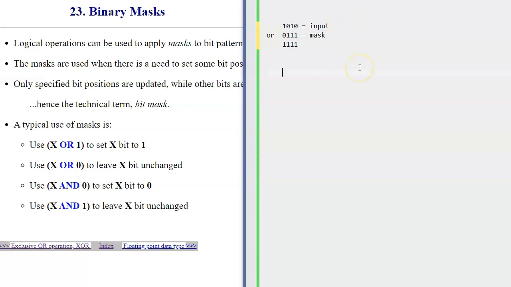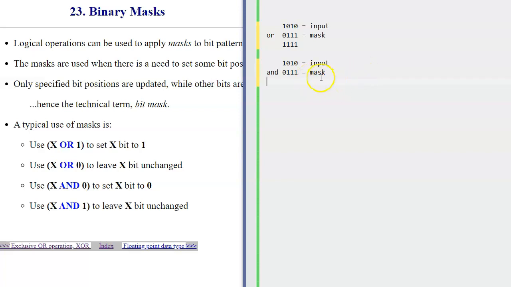Now we can try a different approach to demonstrate another mask, or the same mask, but using the AND operation.